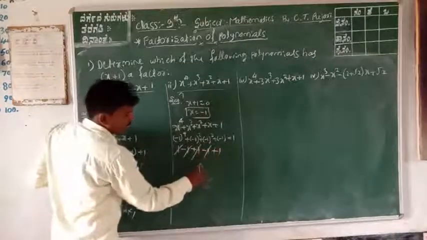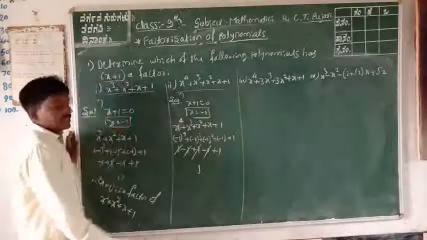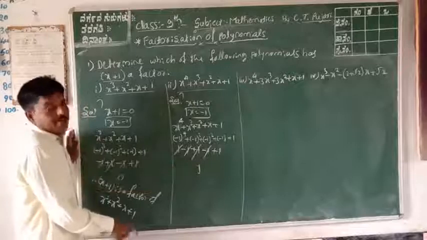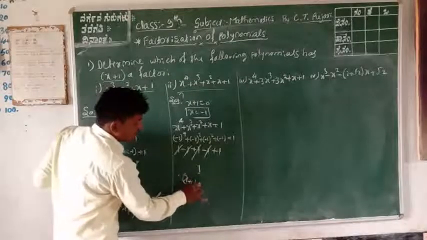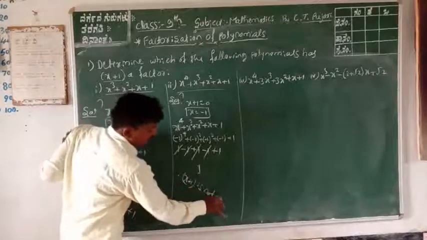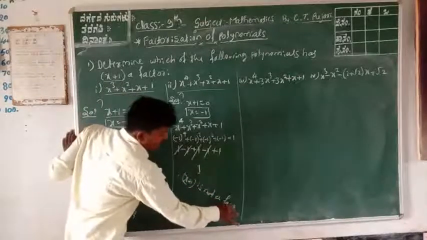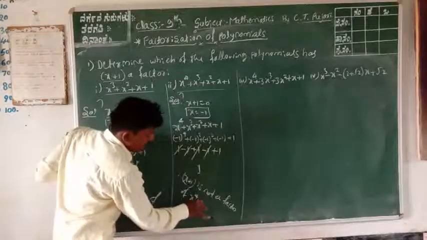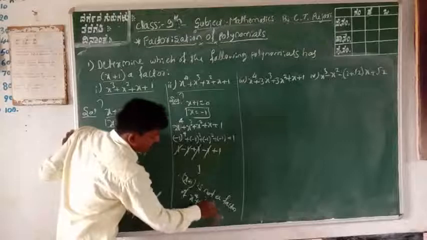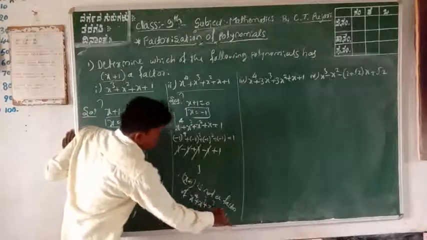The answer is only 1. Therefore this remainder is not 0. Therefore x plus 1 is not a factor of x raised to 4 plus x raised to 3 plus x raised to 2 plus x plus 1.